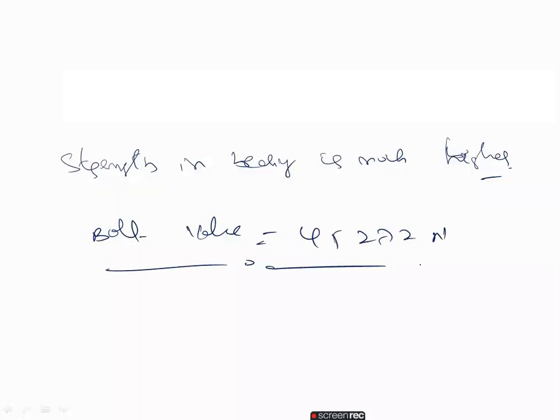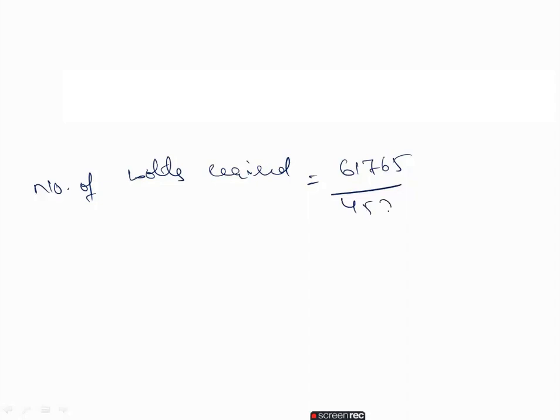Now how will we calculate the number of bolts? The number of bolts required is equal to the shear value we got, that is 61,765, divided by the bolt value, 45,272.